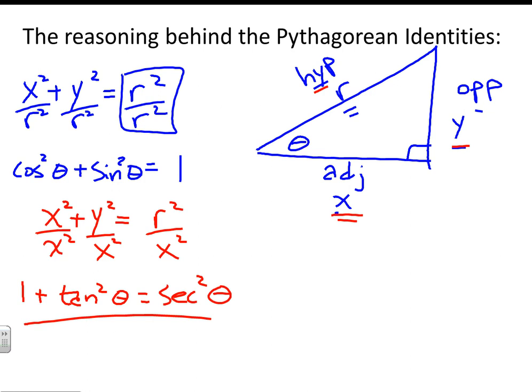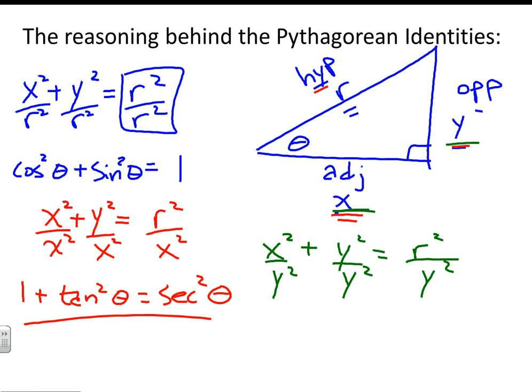How about the third option for me? X squared plus y squared equals r squared. What if I divided everything by y squared? I can do that. I know y is a distance here. X on y. X on y, that's adjacent on opposite. Well, opposite on adjacent is tangent.